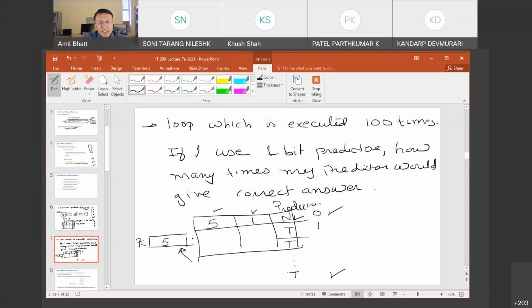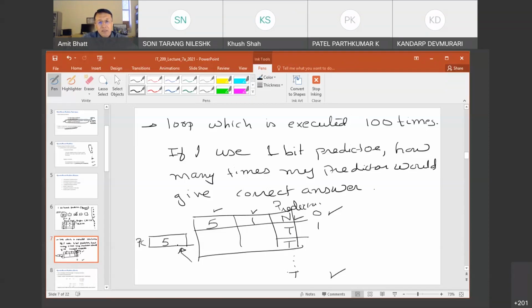Before fetching the next instruction, it would quickly glance through this table and say, okay, when the last PC was 5, the target I jumped to was 1. Now whether to jump to 1 is correct or not is seen through this, not taken, or it could be taken. If the prediction is taken, then it would say the next PC should not be 6, but should be 1. So the fetch stage would fetch 1.